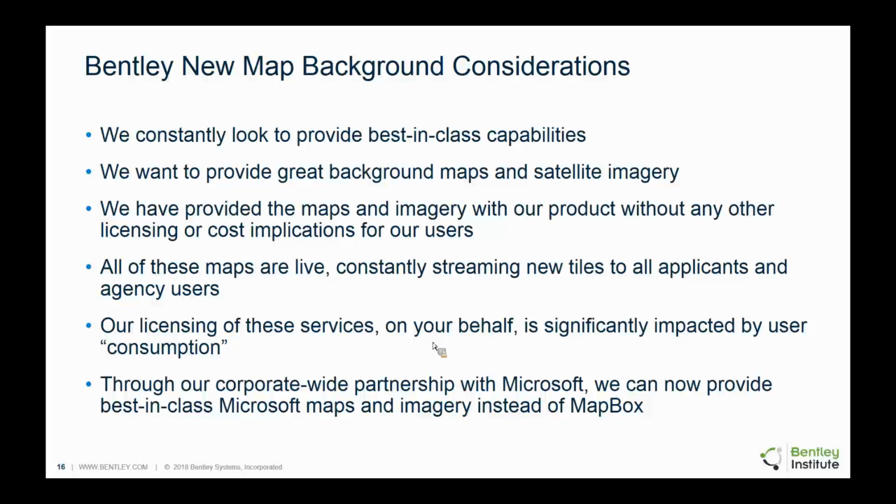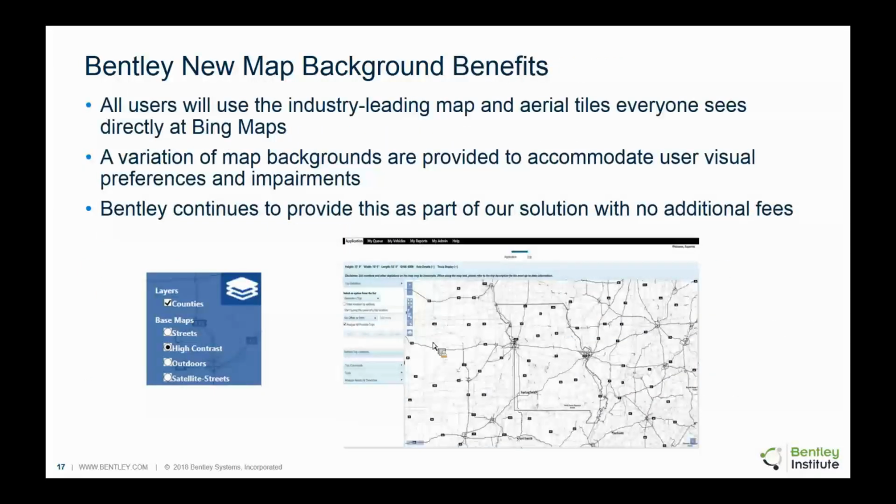Licensing these things is impacted by how much people use it. And we have a partnership with Microsoft, so we're switching from Mapbox to Bing. The background benefits: everybody sees top of the line what they're used to seeing in Google or something, where tiles are updated.